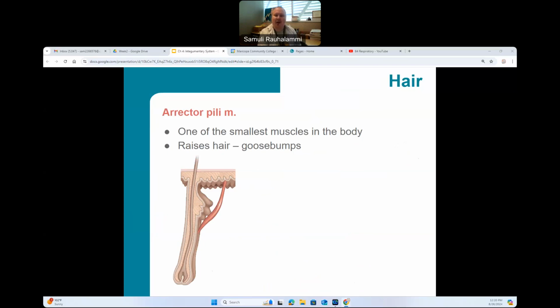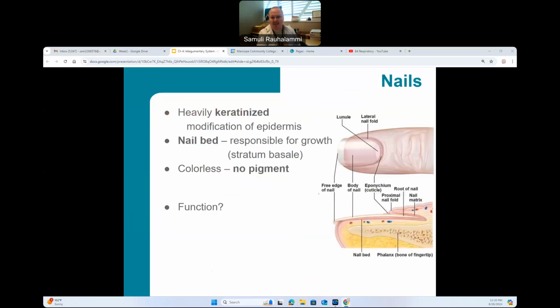Let's have a look at nails next. Nails are very heavily keratinized, scale-like modifications of the epidermis. The stratum basale extends beneath the nail bed, which is responsible for the growth of the nail. We also see that nails lack pigment, which makes the nails colorless.